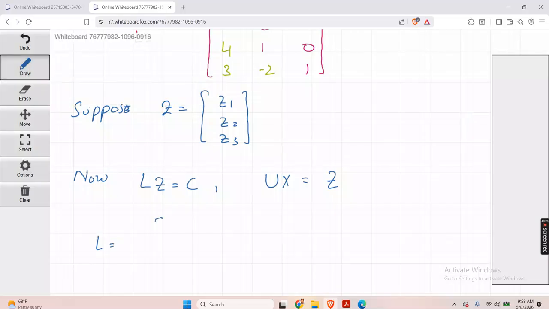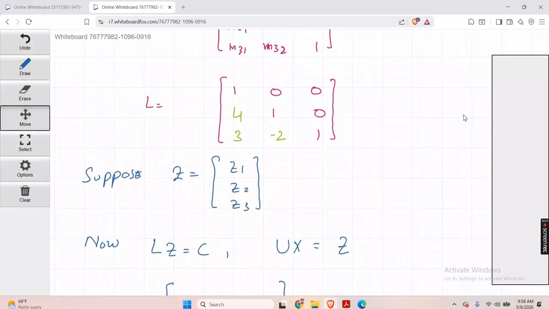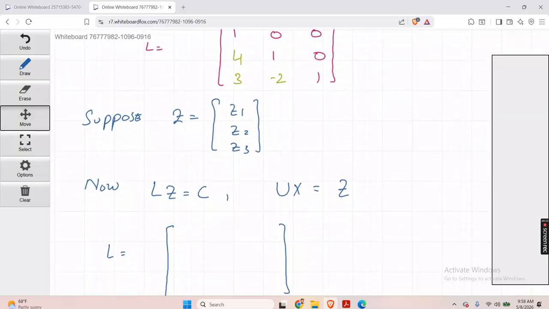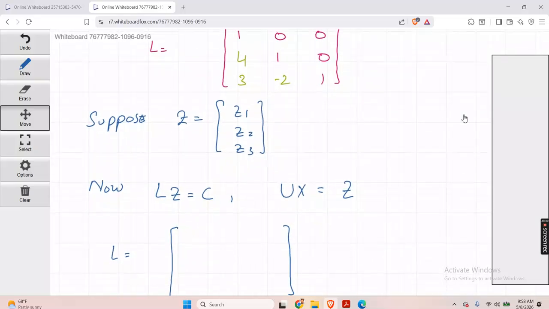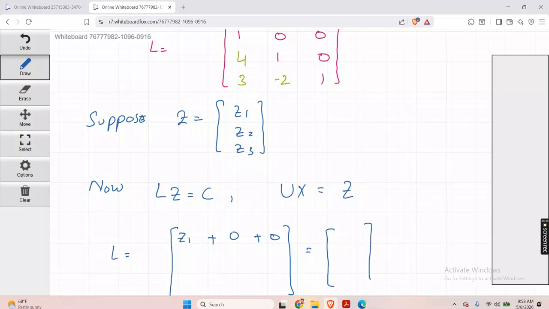L is this matrix, Z is this matrix. Now multiply with each other. So Z1 into 1, this will come Z1 plus 0 plus 0. Then for row 2, this is 4 Z1 and this is 1, so Z2 will come there.